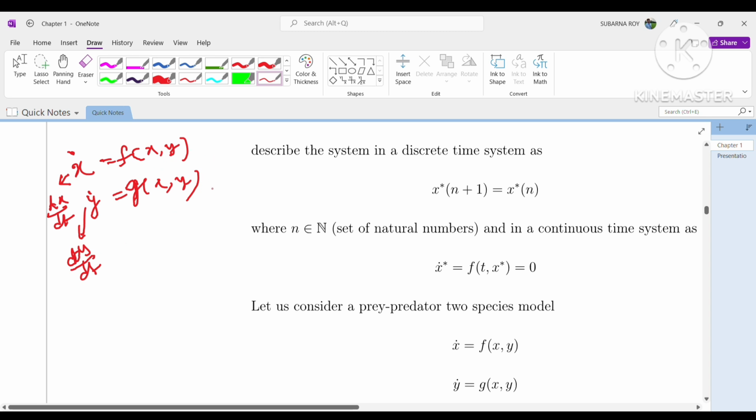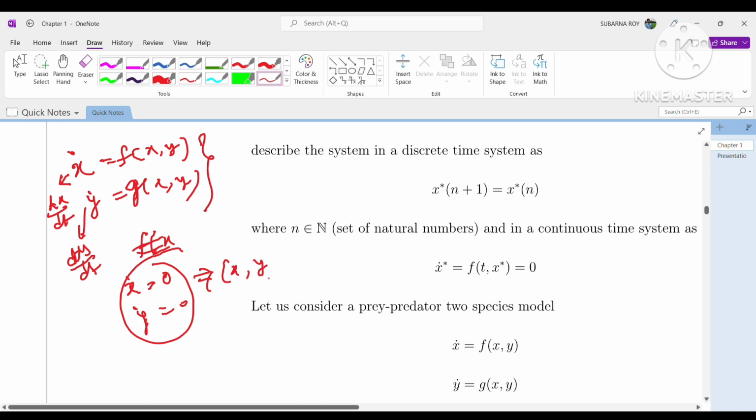For this dynamical system, the equilibrium point can be found from x dot equal to 0 and y dot equal to 0. So we find the solution from x dot equal to 0 and y dot equal to 0. This gives us (x, y), which is the equilibrium point.